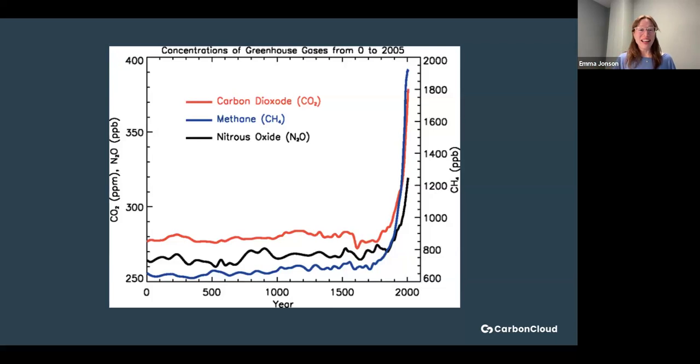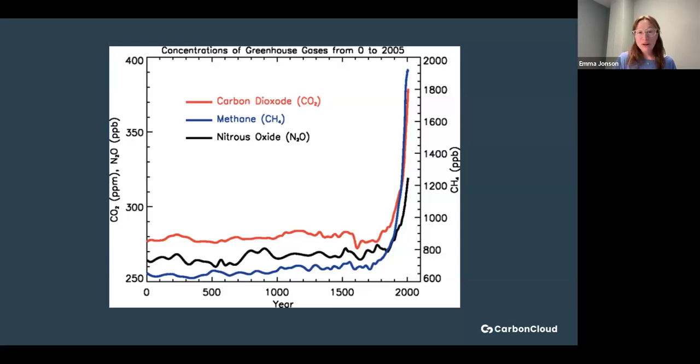Diving into it, I would like to start with this figure representing the concentration of greenhouse gases in the atmosphere. The figure represents the 3 main anthropogenic greenhouse gases, that means the greenhouse gases that are related to human activity.